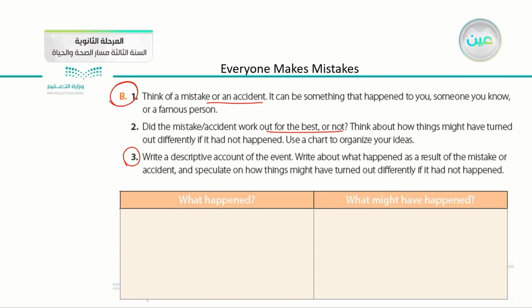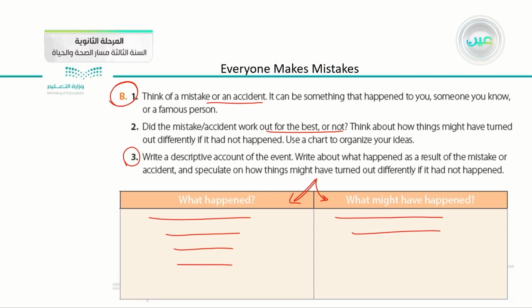Okay, we have a chart that has 2 columns. On the left side, what happened? This is the place where you will write what actually happened. Then on the right side, you will write about what might have happened if something went differently.